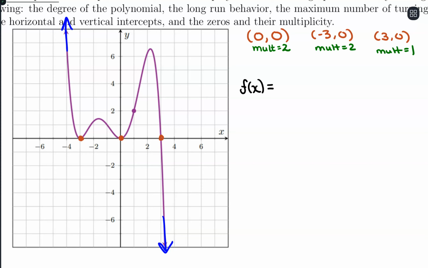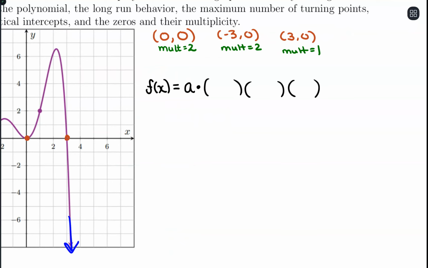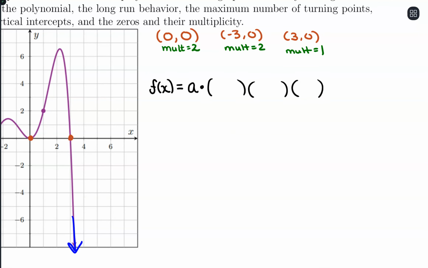I'm going to use the letter a as some unknown number for my leading coefficient. So I'm going to go a times, and then create factors based on those zeros. I have 3 zeros here, so I should have 3 factors.